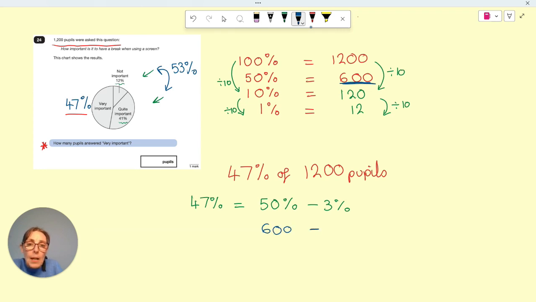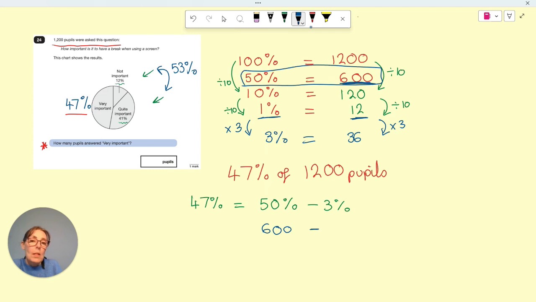And 3% is, if 1% is 12, 1% times 3 is 3%, and 12 times 3, 3 12s are 36. So we've got 50%, take away this one here, and that gives us 47%, so 36.